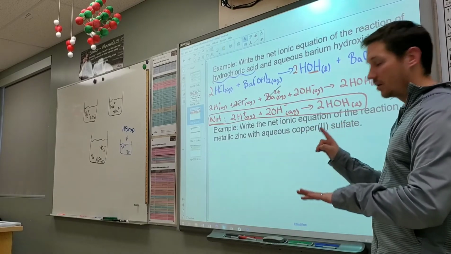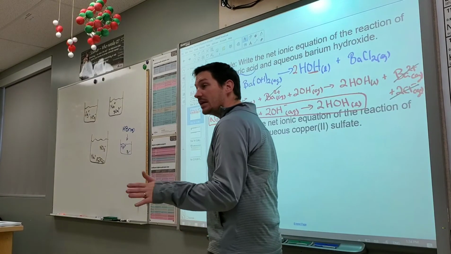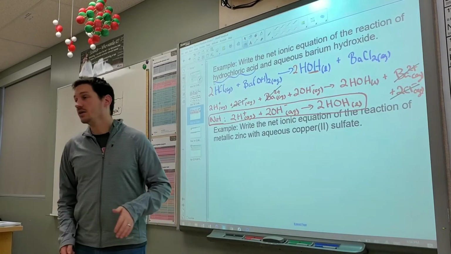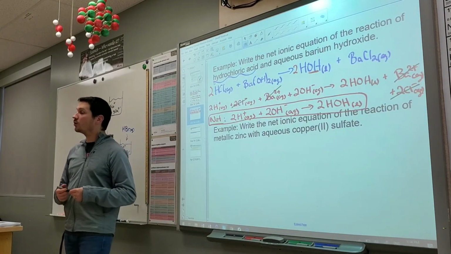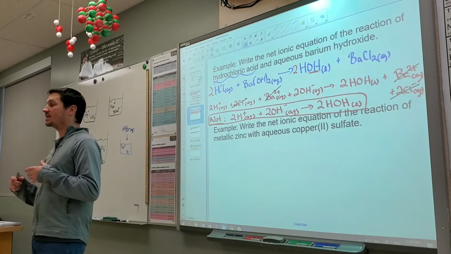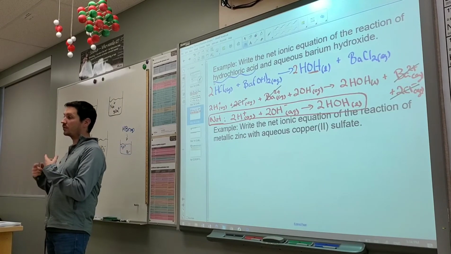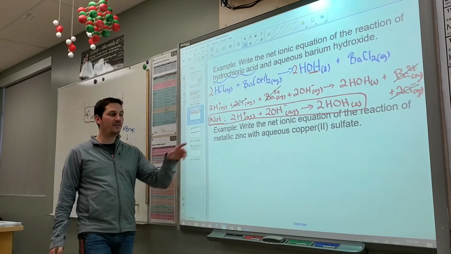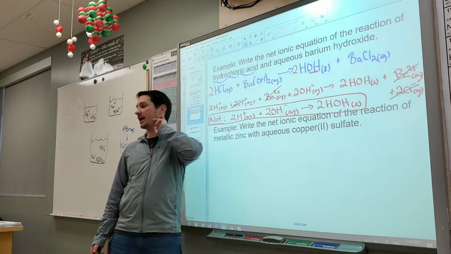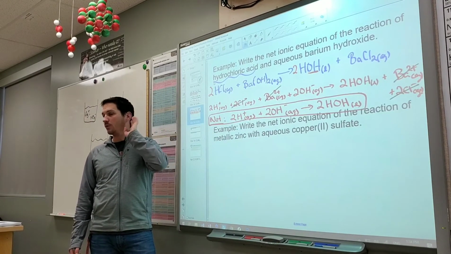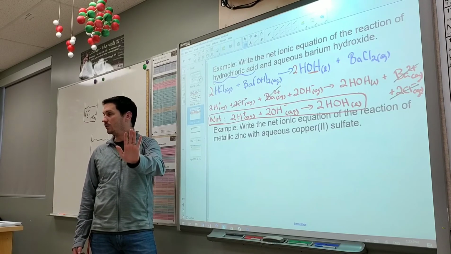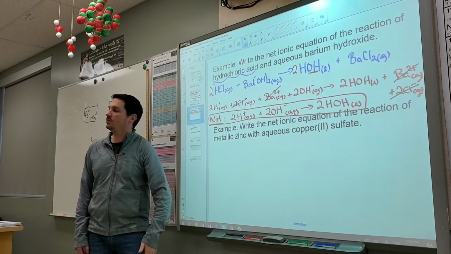Typically that's not allowed. When you're balancing a reaction, you always have to take the lowest group of coefficients. So instead of 2, 2, 2, what could I have? 1, 1, 1 would be fine. If you divide all of them by 2, it would be 1, 1, 1.